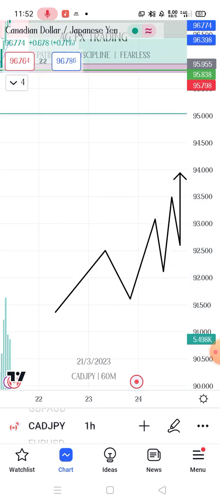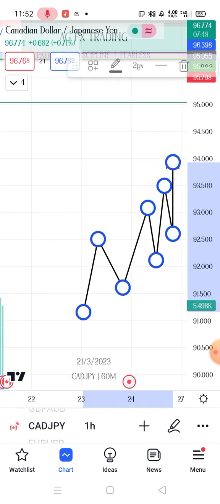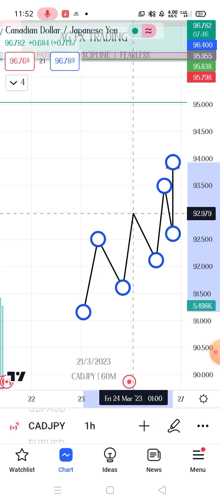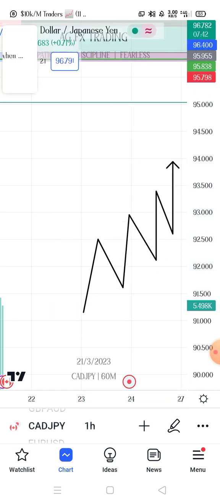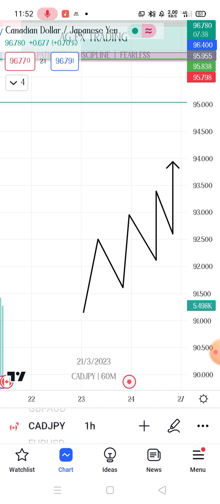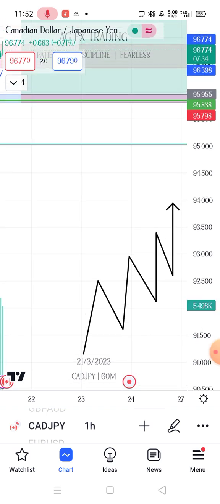When you see something like this, this is an uptrend. It's moving up, up. When you see a structure like this on your chart, it represents an uptrend.